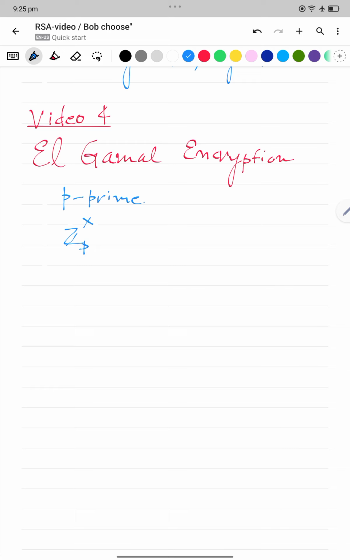Multiplication mod P. So now what we do is the following. We choose a number X in ZP star, which has elements 1, 2, 3 up to P minus 1, and this X must be less than P minus 1. Why, you'll see soon.